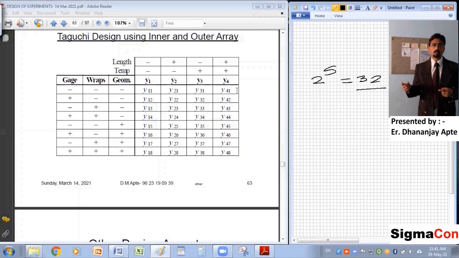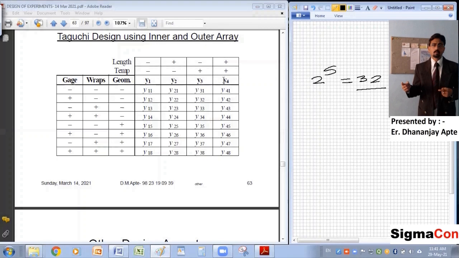So can we say that our design, having parameters length and temperature, is robust? What do we mean by robust? Our design doesn't give any change in the output at any level of a particular X factor.